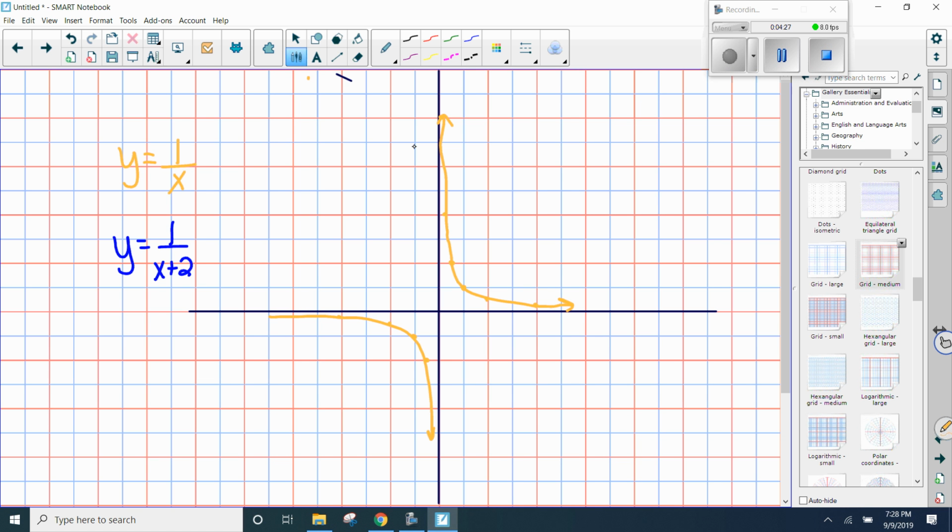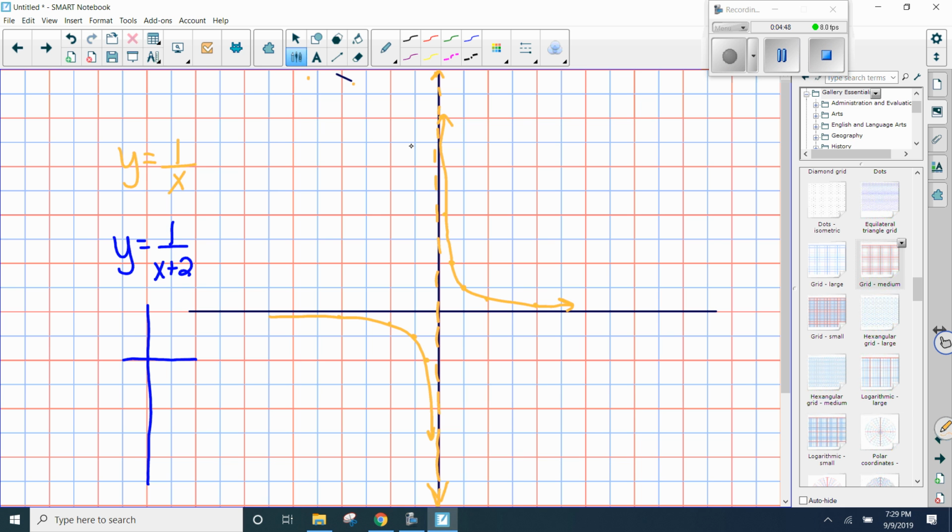So what we need to do in order to graph the blue, which is what you are wanting, is you want to shift everything to the left 2 places. So for example, your vertical asymptote is no longer where we had it before. It was right here on the y-axis.